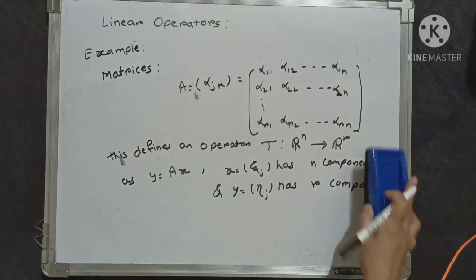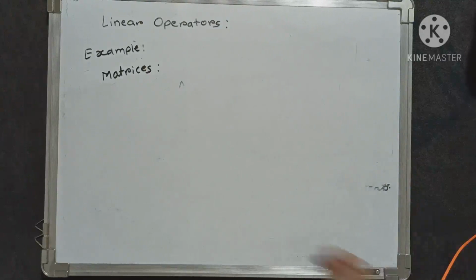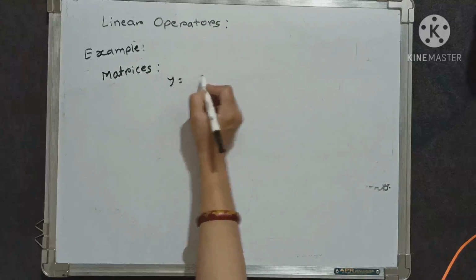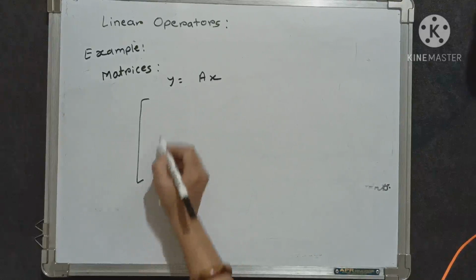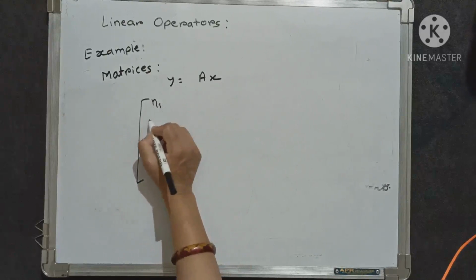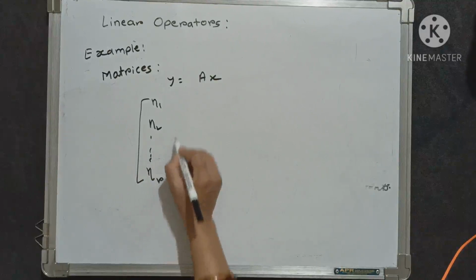Now we write down y is equal to Ax like this. This y is the column vector eta 1, eta 2 up to eta r.